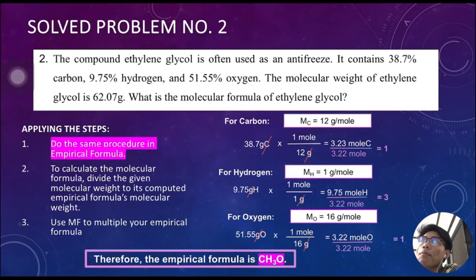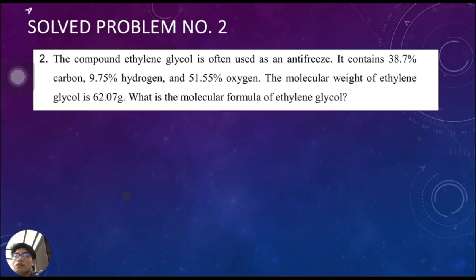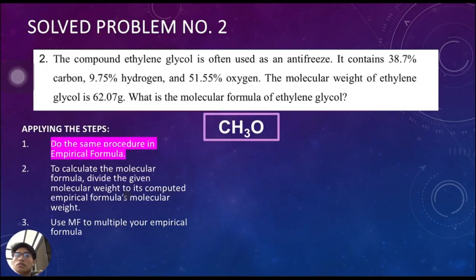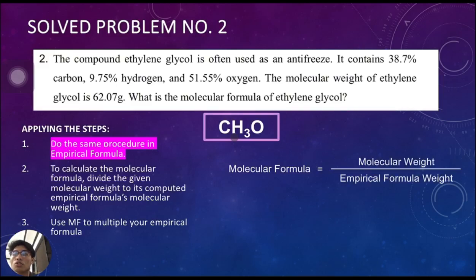We can't name it, so we will use the molecular formula. This element doesn't really exist like that. So now we're going to apply step 2. We have CH3O, the empirical formula that came out. So for the molecular formula, the molecular weight is over the empirical formula weight.